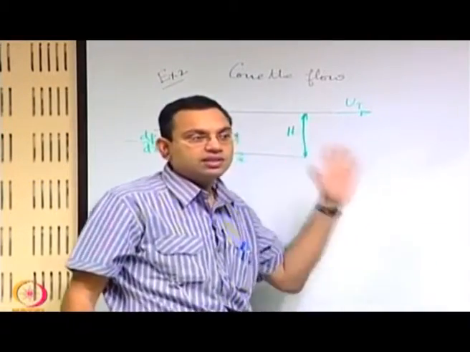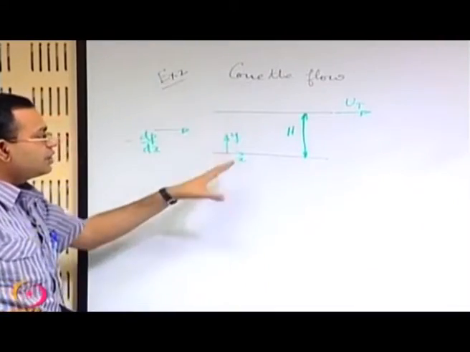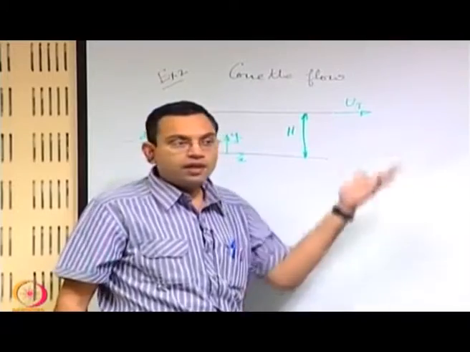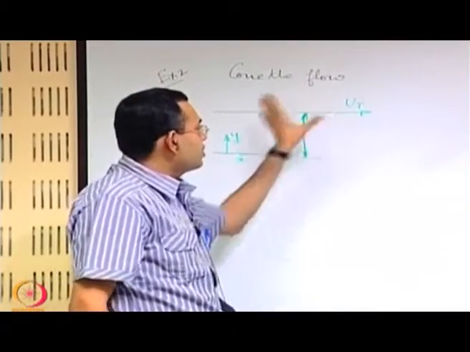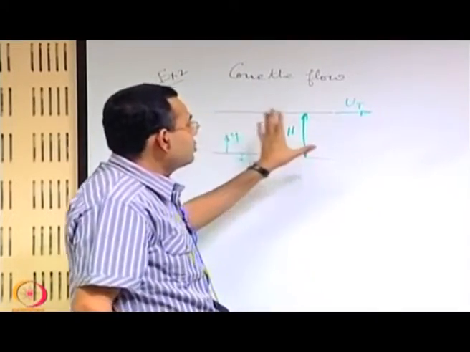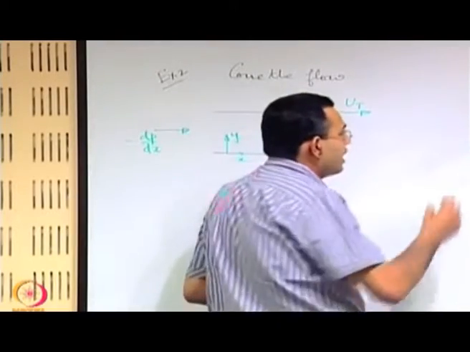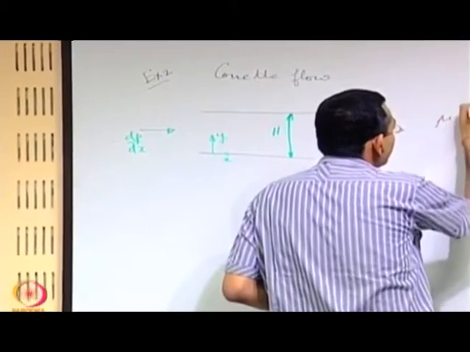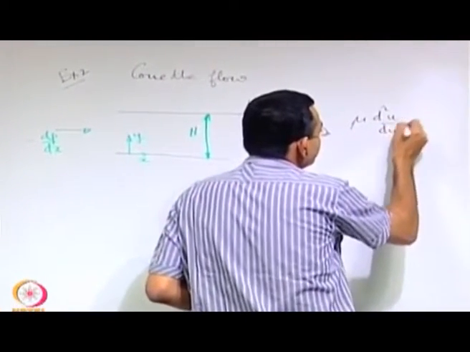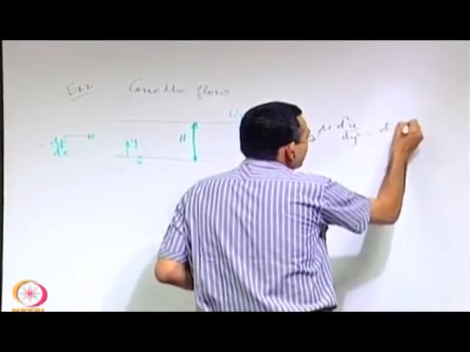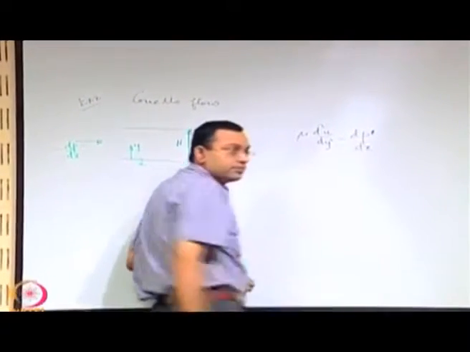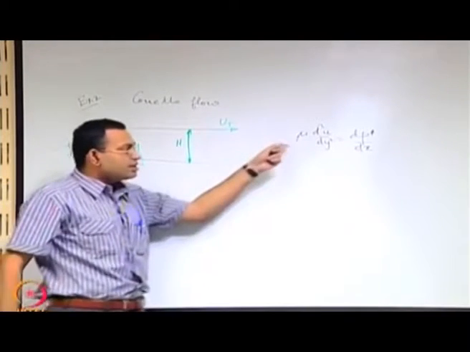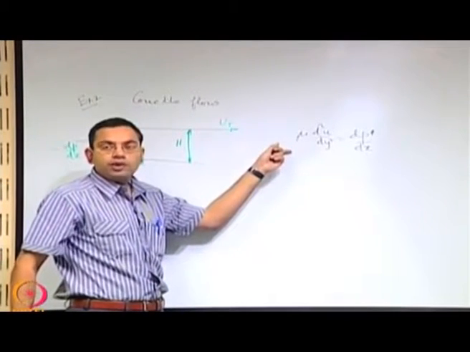When you say constant property, by default it is incompressible, that means density is constant. With all these considerations, we have seen that you can write the equation of motion as mu d2u dy2 is equal to dp star dx. That was there for the plain Poiseuille flow problem.